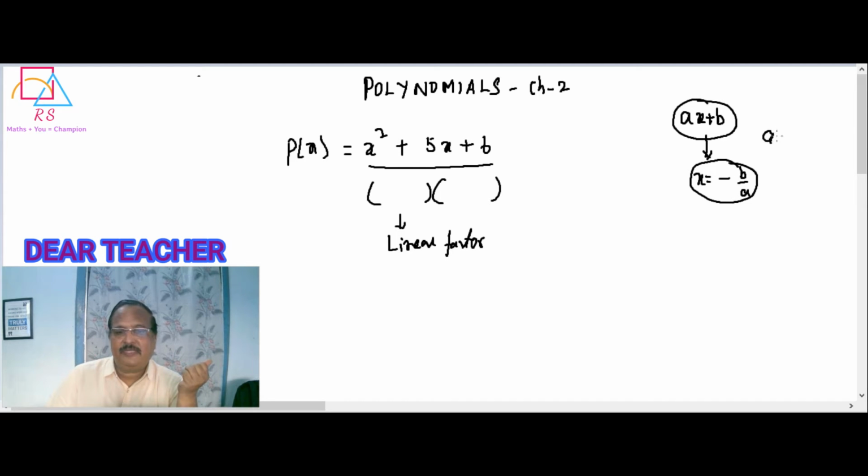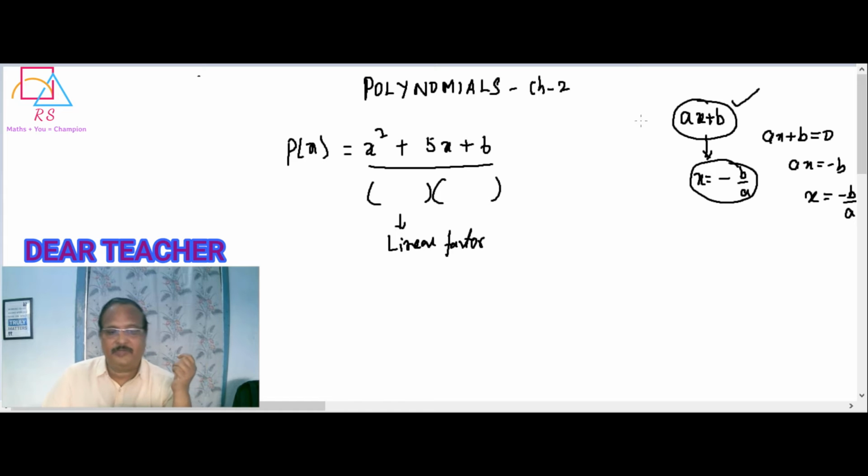Very simple. ax plus b is equal to 0, find the value of x. ax is equal to minus b and x is equal to minus b by a. This is the value of x where this entire linear polynomial is 0. So minus b by a is the zero of the general linear polynomial.